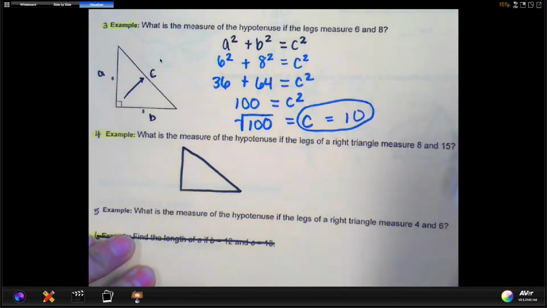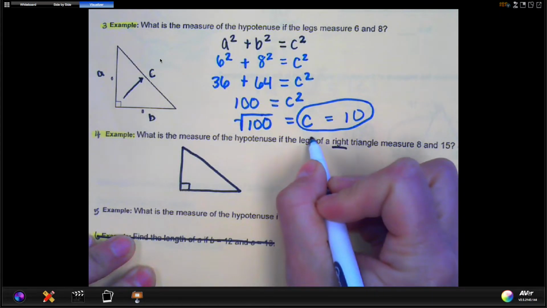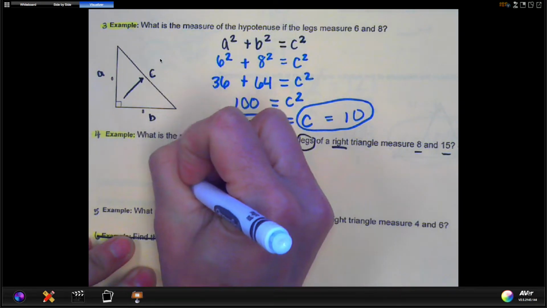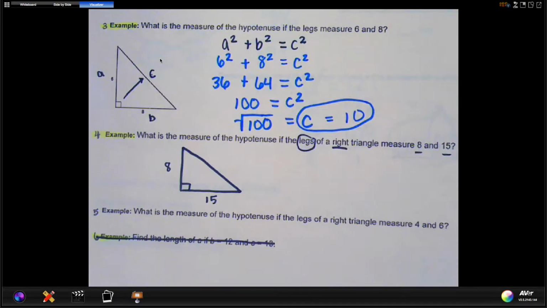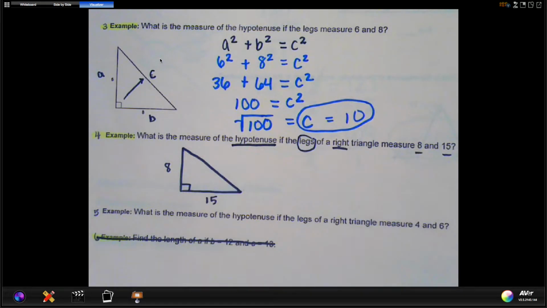We know it's a right triangle, so I'm going to draw a right triangle. And it says the legs measure 8 and 15. So I'm going to make the two shorter sides be 8 and 15. And what is the measure of the hypotenuse?